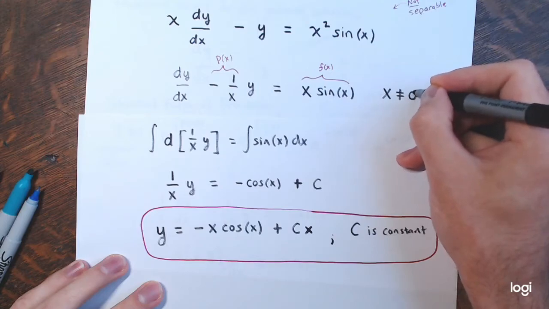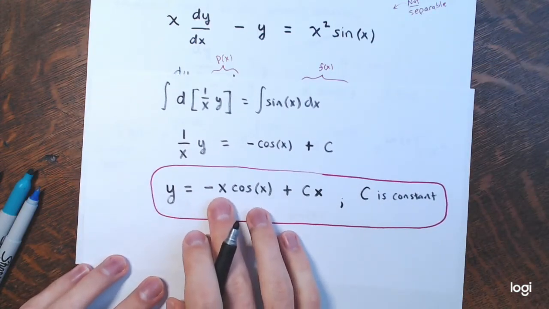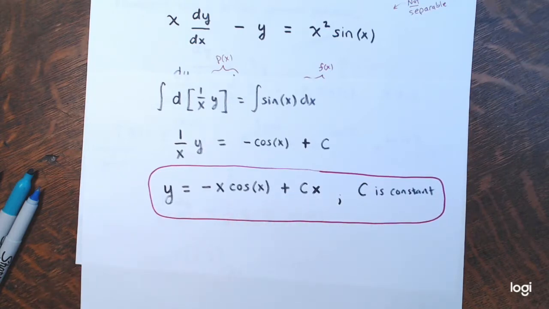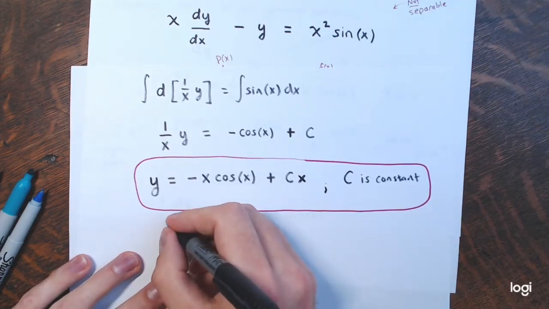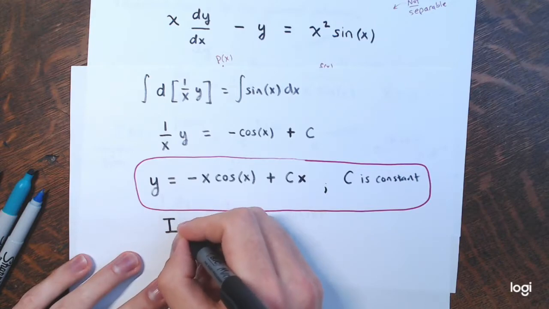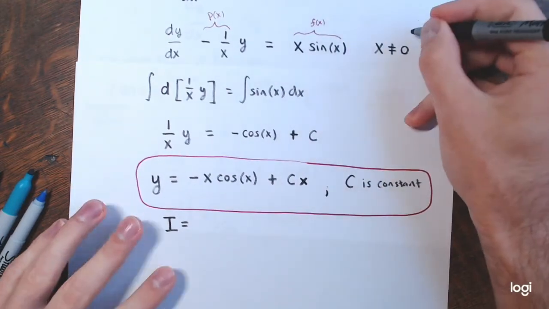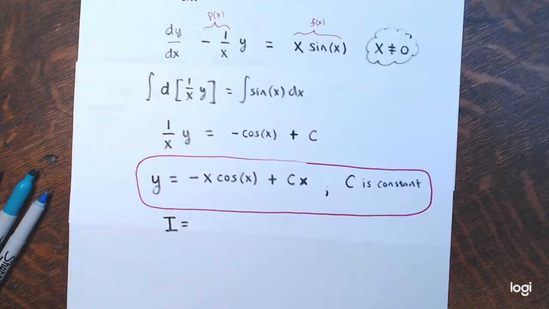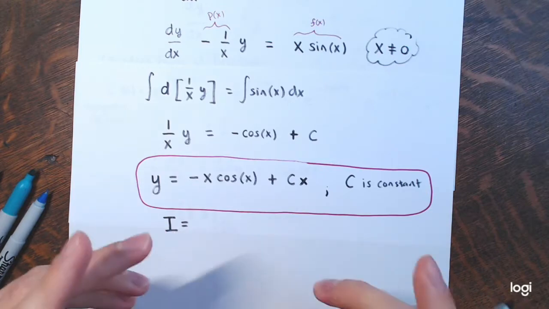So I can't just say, oh, this is a polynomial, this is a cosine function, those are defined everywhere. The largest interval over which this is defined can't include 0, because I divided by x at some point, and you can't divide by 0. So it's the entire real number line without 0.